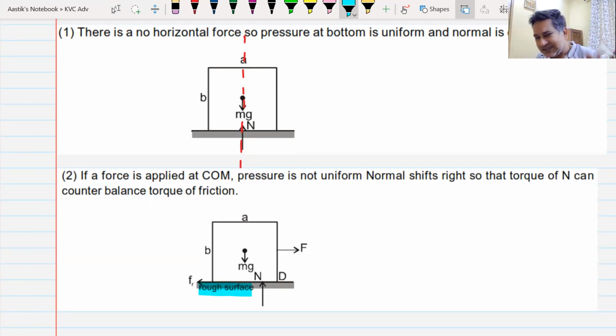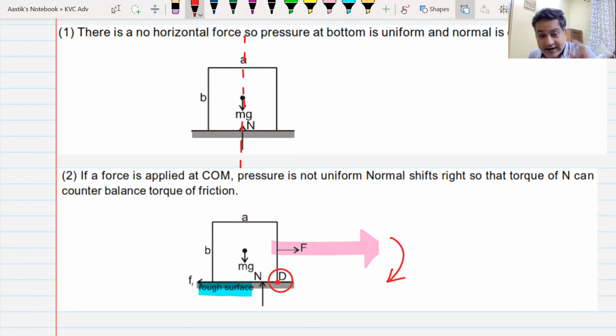What will happen first, we are going to see. But as soon as you apply this force F here, it starts to create a torque about the point D. It will try to rotate it like this.